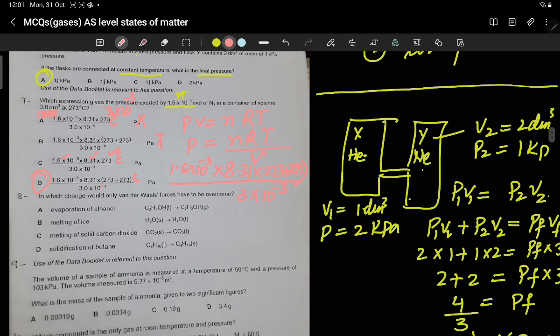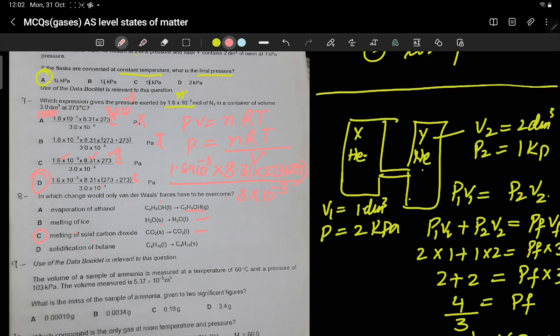Evaporation of ethanol involves hydrogen bonding. Melting of ice also involves hydrogen bonding. Melting of solid carbon dioxide involves van der Waals forces, so C is the correct option.